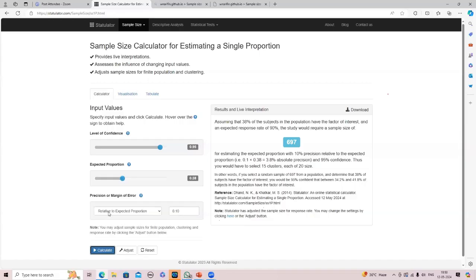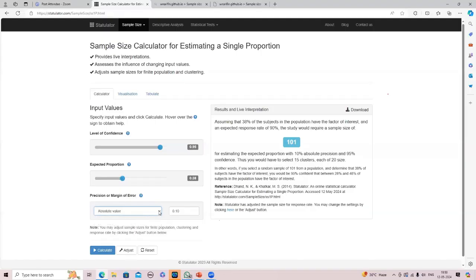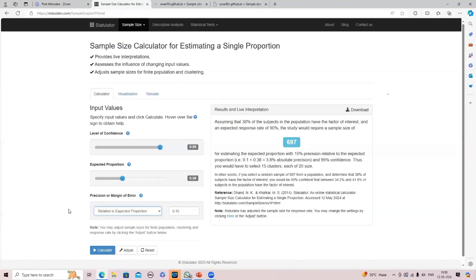So whenever you are changing from relative to absolute, the number will change. If you wrongly take absolute as relative, how much will it change? If I take the 4% as relative, but you have absolute and you have changed to relative, in that case your sample size is 4,352.